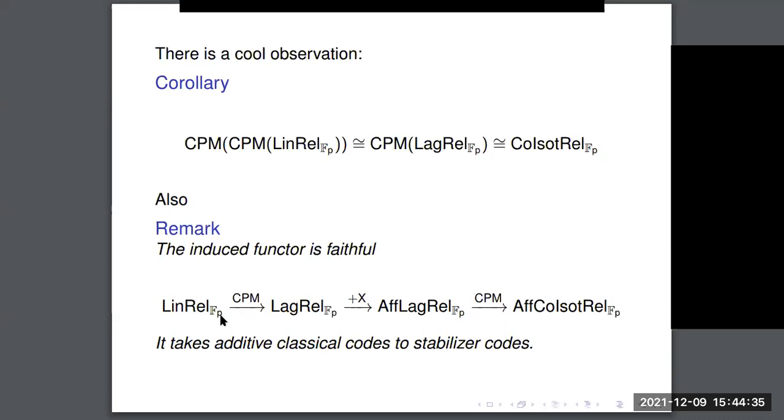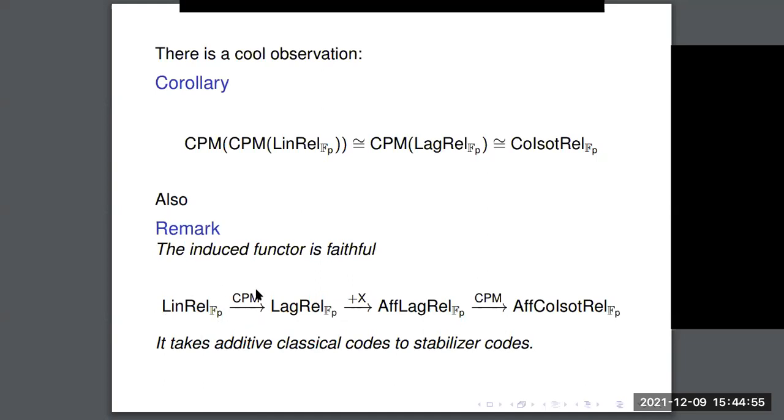Oh, so there's GF9, and I think there's a paper talking about stabilizer codes, additive codes over GF9, as qutrit stabilizer codes. I should look into this, but I would assume it's the same kind of thing.